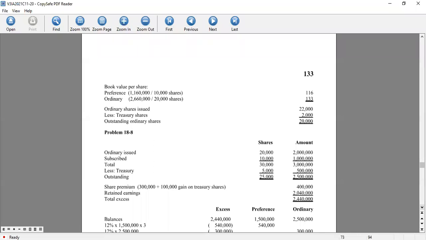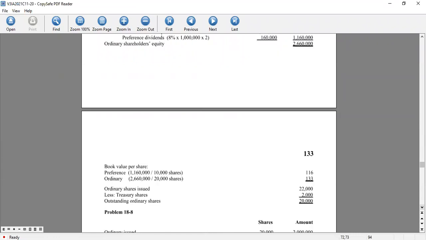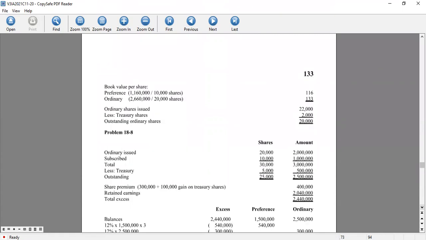So we have 10,000 shares. Book value per share is 116. Now for the ordinary, the book value is 2,660,000 divided by 20,000 shares. And we have the book value per share equal to 133.